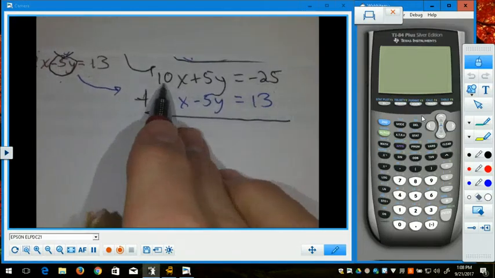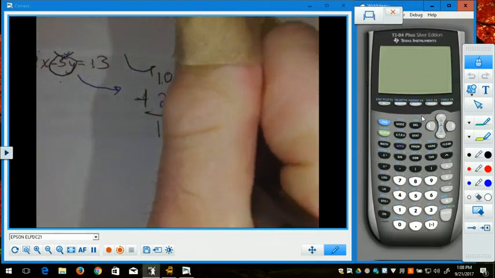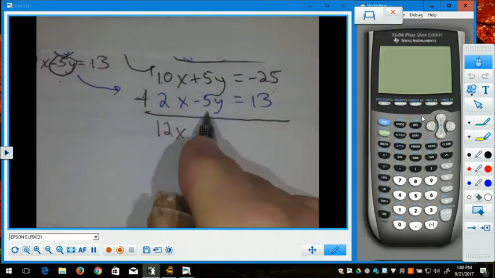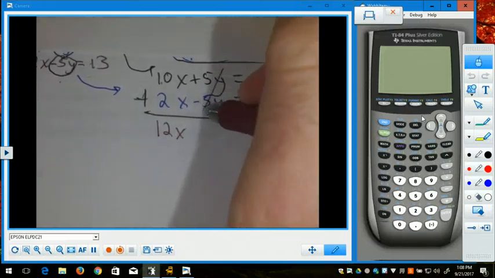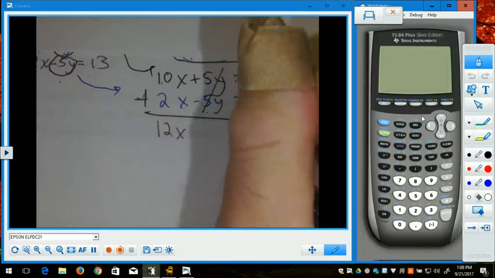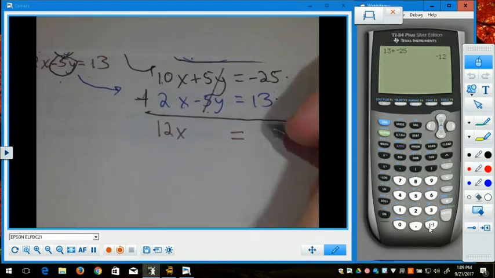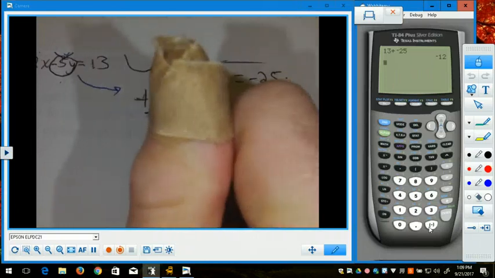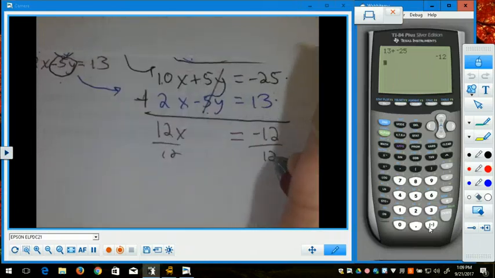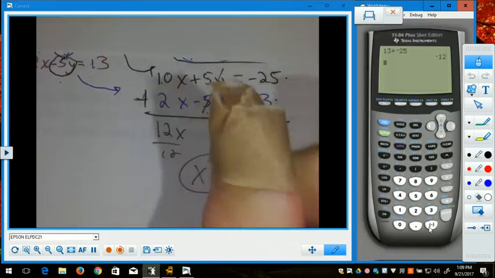This gives me 12x, the 5y and the -5y are eliminated, equals -25 plus 13. So 13 plus -25 is -12. And so when we divide both sides by 12, we get x equals -1.